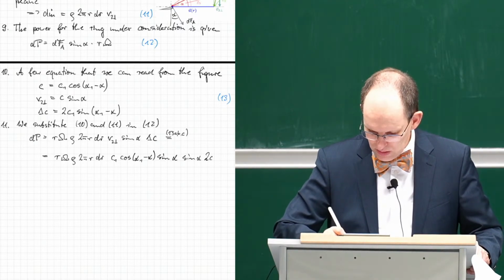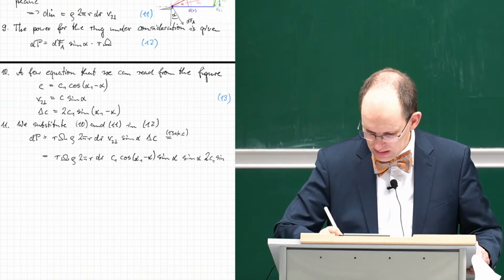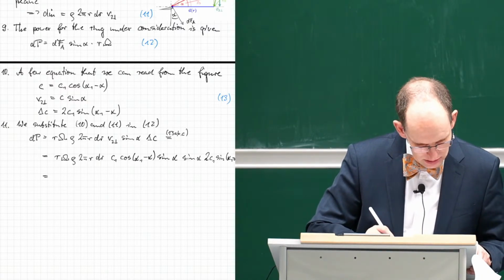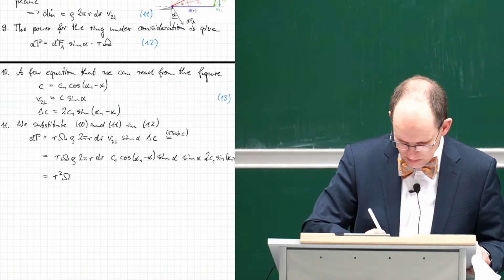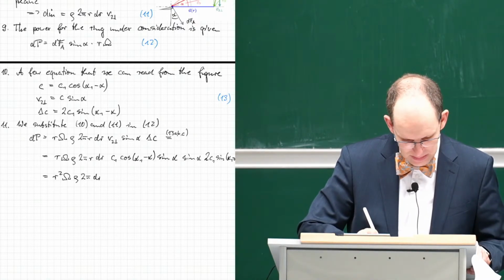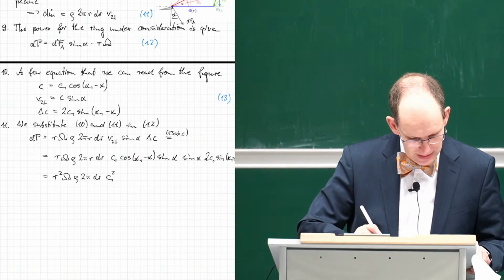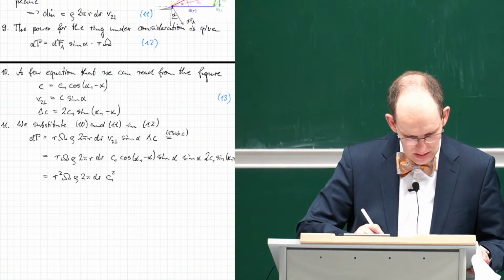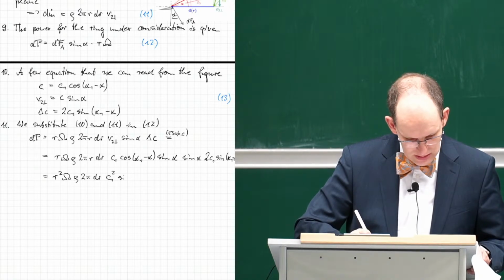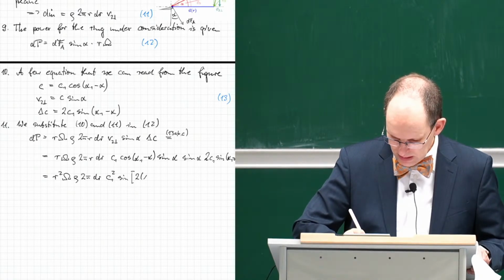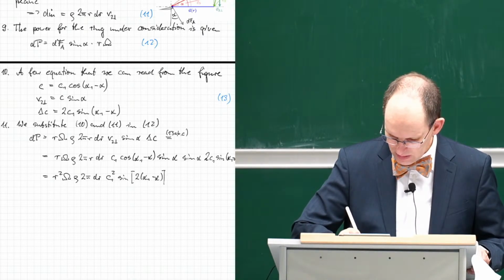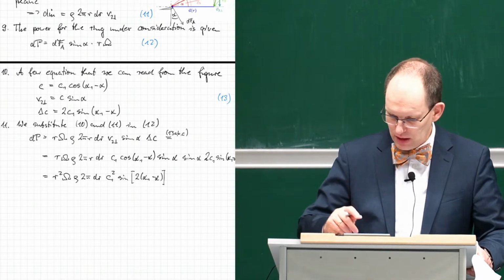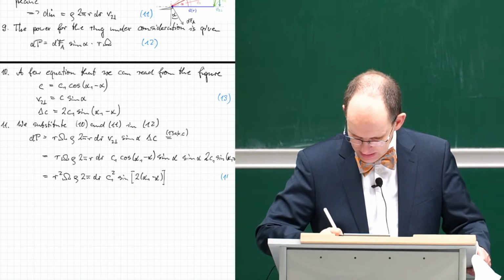So then we have 2 times C1 times the sinus of alpha 1 minus alpha. And this results in R squared times omega times rho times 2 pi times dr times C1 squared times the sinus of 2 times alpha 1 minus alpha. A little bit of trigonometry. So this is equation 14.